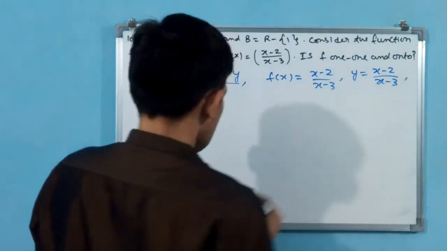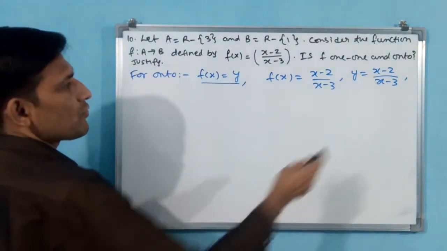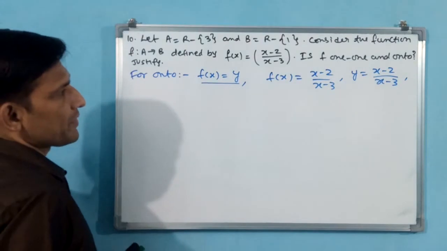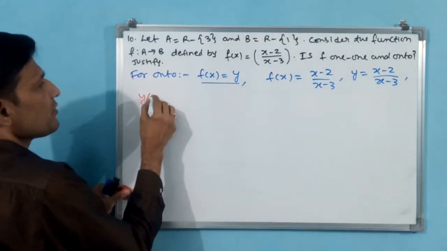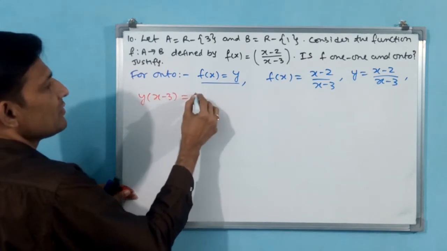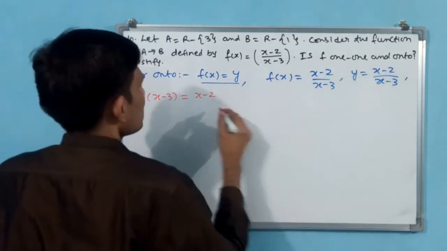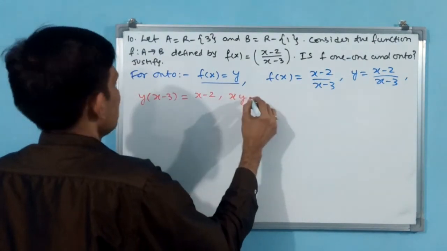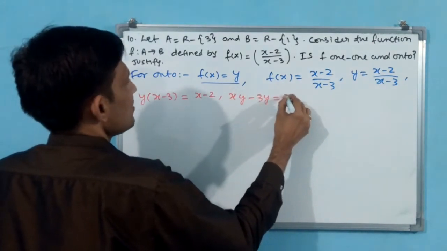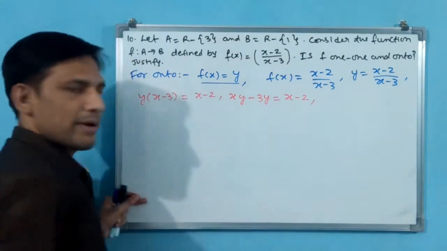Then what you have to do? You have to cross multiply. y into x minus 3 is equal to x minus 2, xy minus 3y is equal to x minus 2.